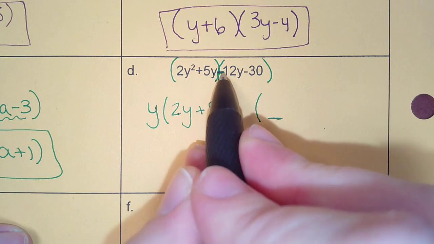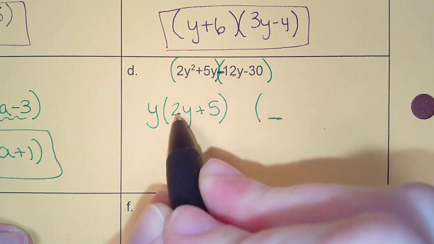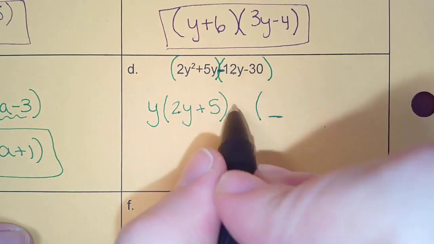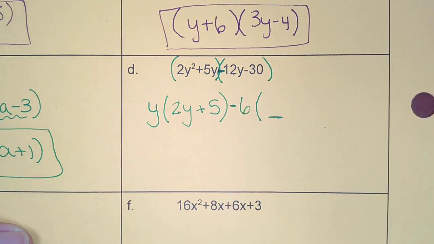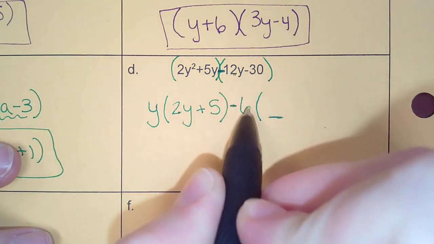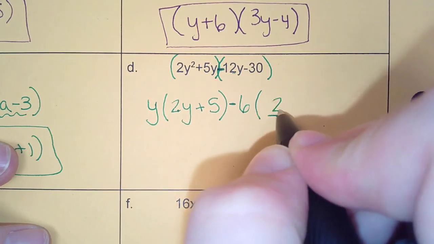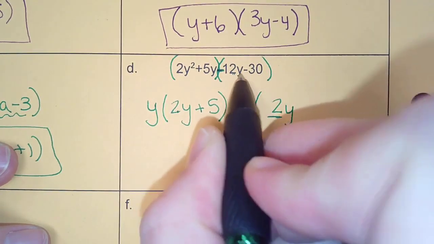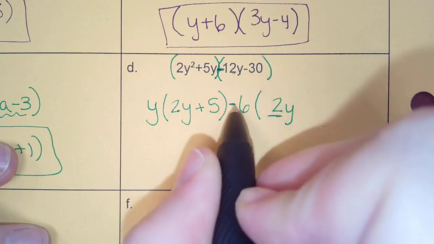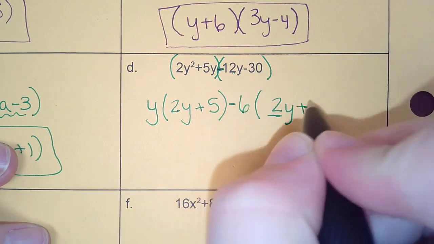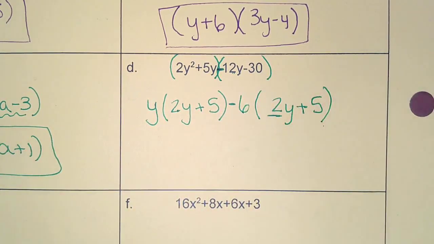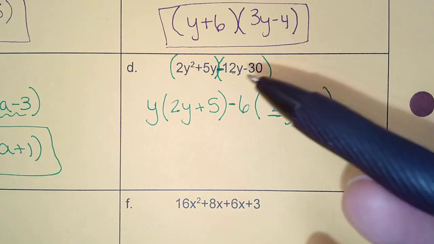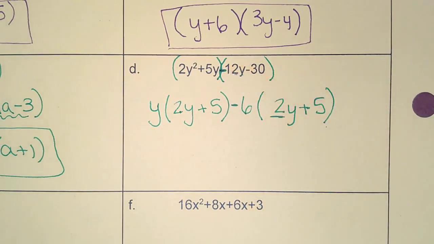Better yet, how would I get negative 12 to a 2? What's negative 12 divided by 2? Negative 6. So negative 12 divided by negative 6 is positive 2. I keep the y. Negative 30 divided by negative 6 is positive 5. So if you're stuck with GCF, then you can kind of work backwards and do the division.